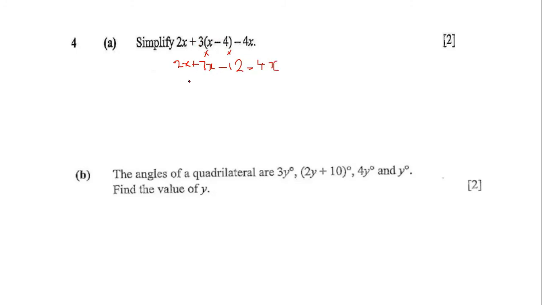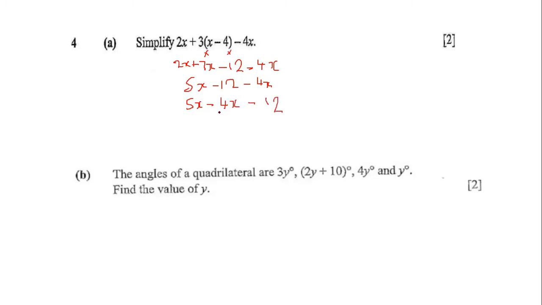This is 3x. So 2x plus 3x gives us 5x. So that is 5x minus 12. Then minus 4x. So group the like terms. This one will be 5x minus 4x, and minus 12.